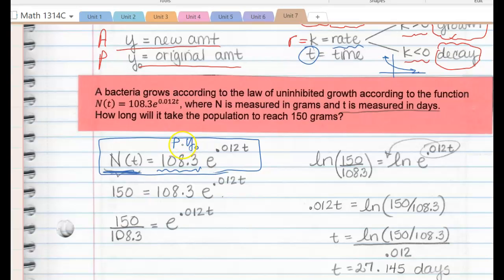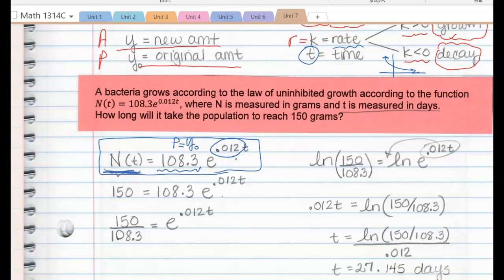In other words, we're starting with approximately 108.3 bacteria. Now, how do you get 0.3 bacteria? This is most likely an average of bacteria that they had around the starting point when they took a couple of days into consideration.